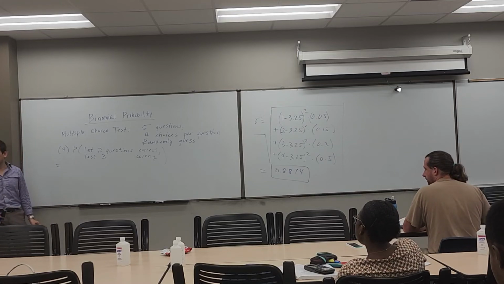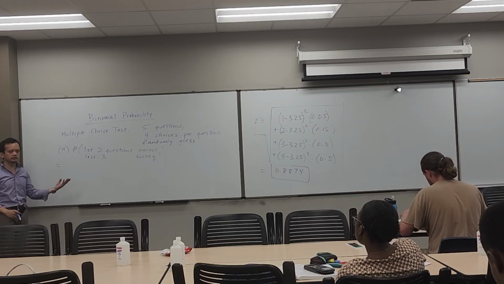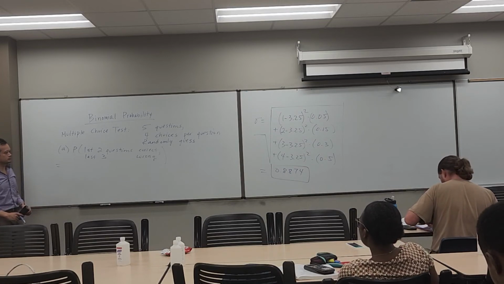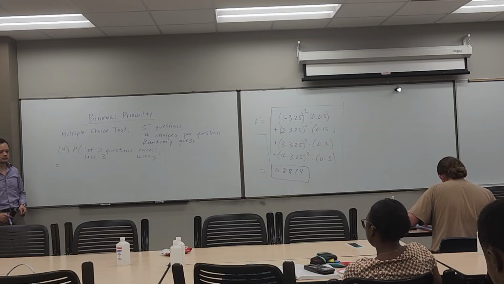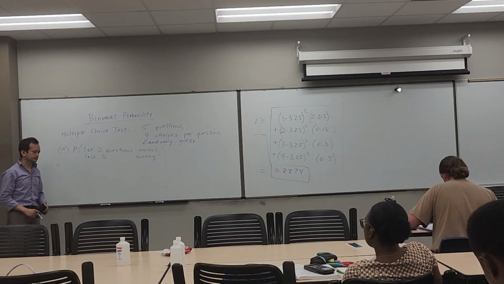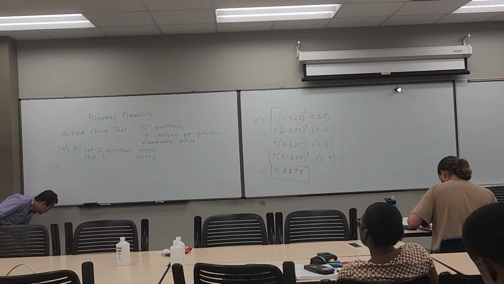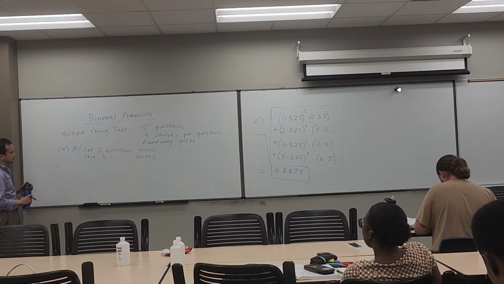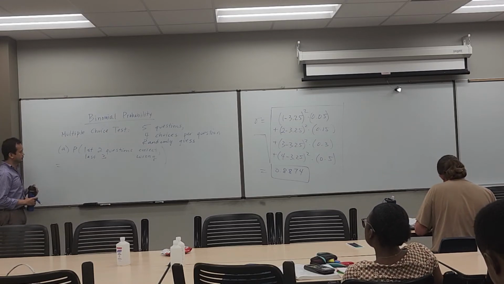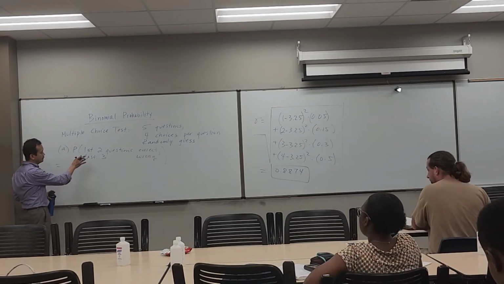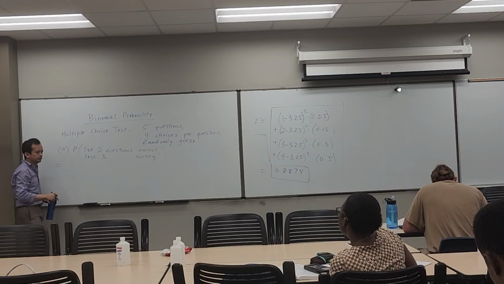So which rule addresses probabilities with "and"? Multiplication rule, good.